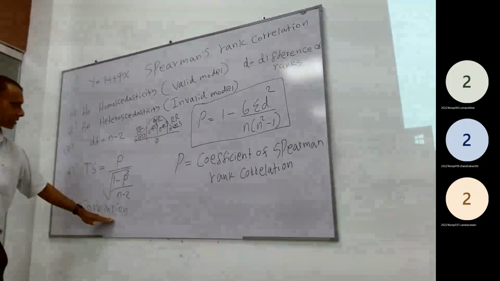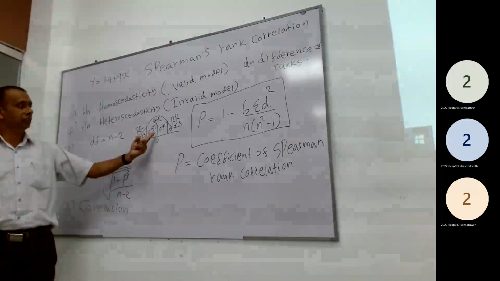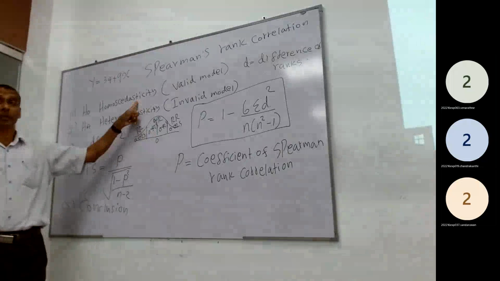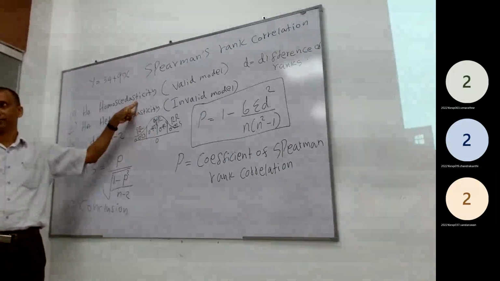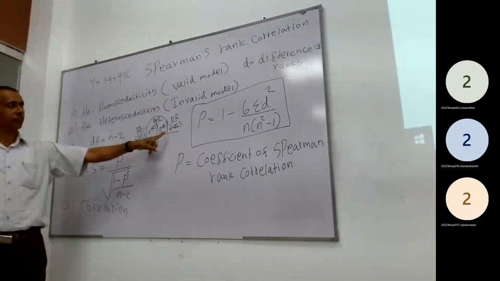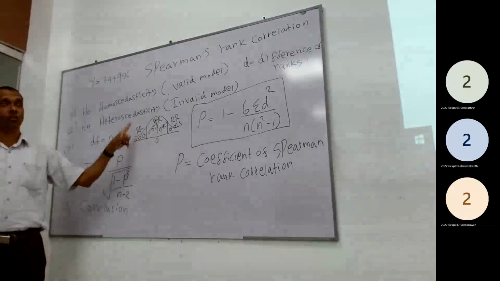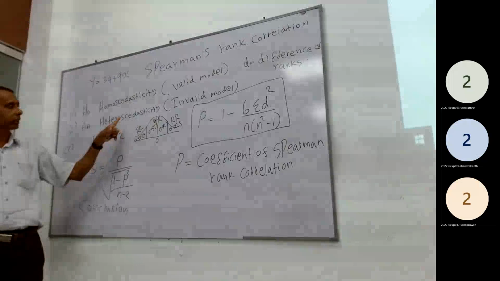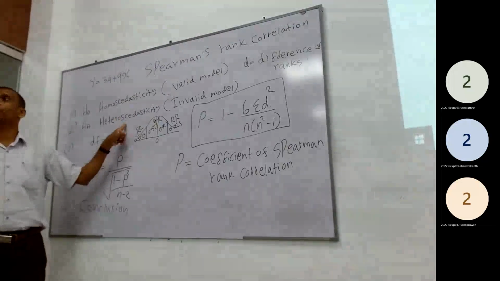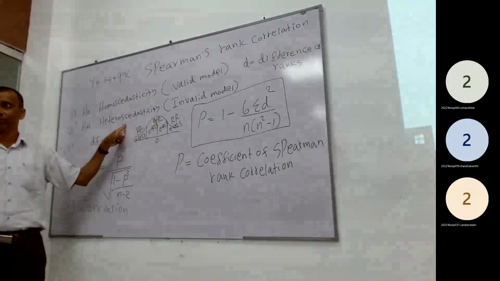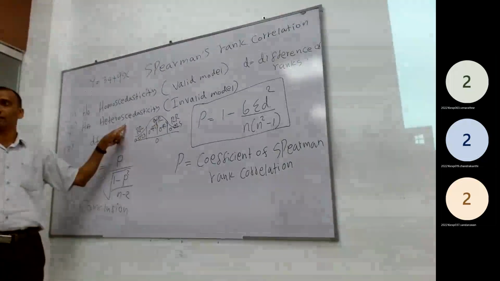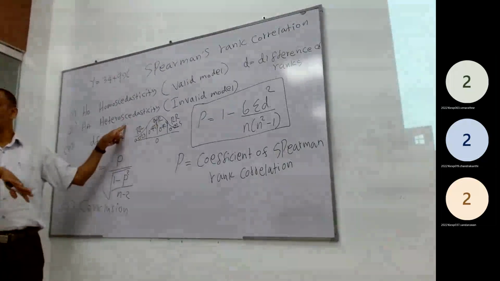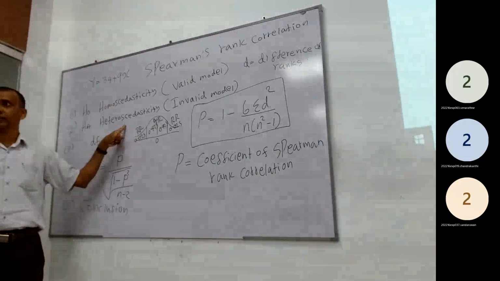If your test statistic belongs to the acceptance region, H0 is accepted. If it belongs to the rejection region, H0 is rejected, sufficient evidence is there to reject. Then heteroscedasticity is a problem of the linear model. You can transform the data set, or you can go for nonlinear models.